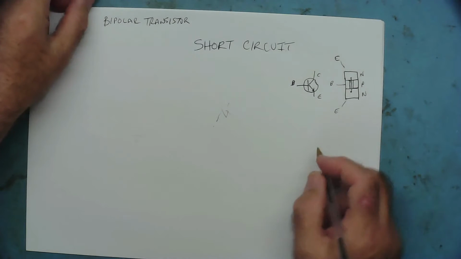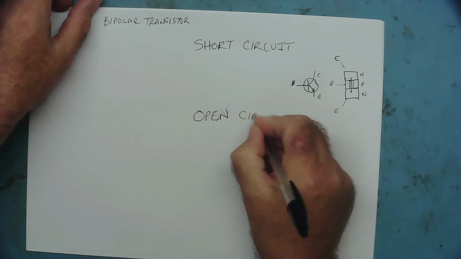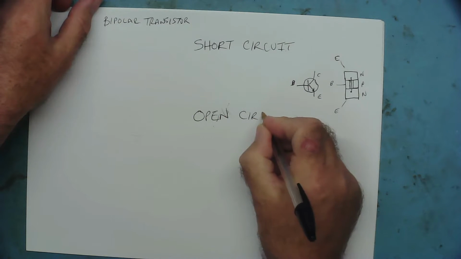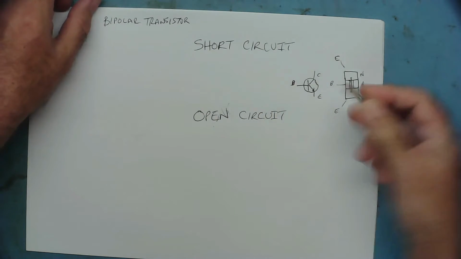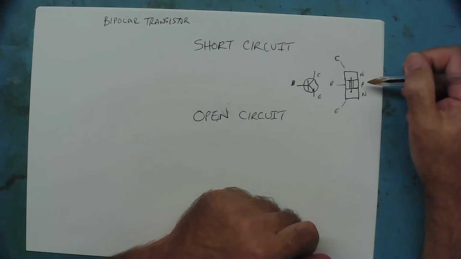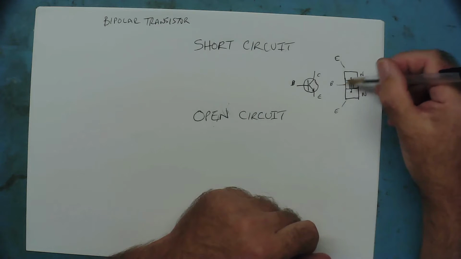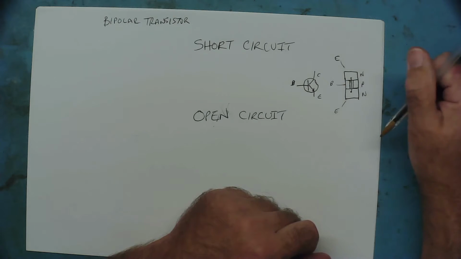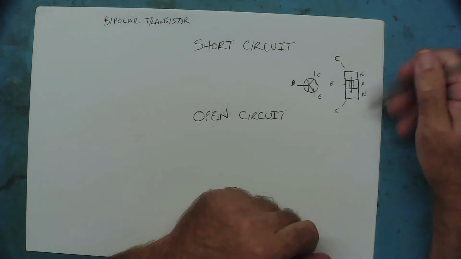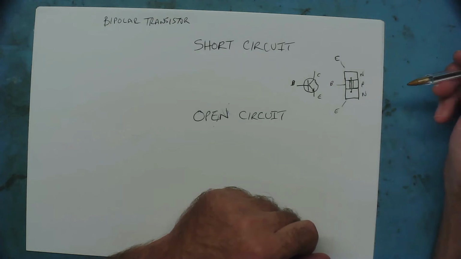The other common thing, as you can imagine, is open circuit. So the transistor's got open circuit. This basically would mean that there's no connection between the base and collector, or the base and the emitter. It can't really go open circuit collector to emitter, because effectively that's an open circuit anyway when the transistor's turned off.